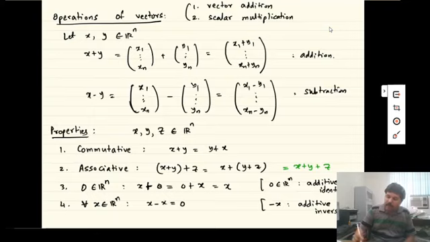Because I do x minus x and I get the 0 vector, which is nothing but the identity. So this minus x is basically an additive inverse. So these are 4 very important properties of this particular operation of vector addition. I will recall these properties at the end of this lecture to define a very important object in mathematics, which is called a vector space.